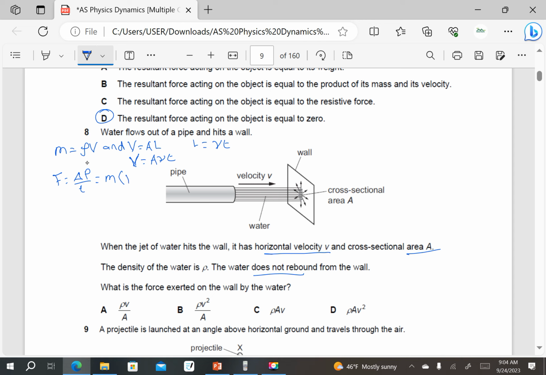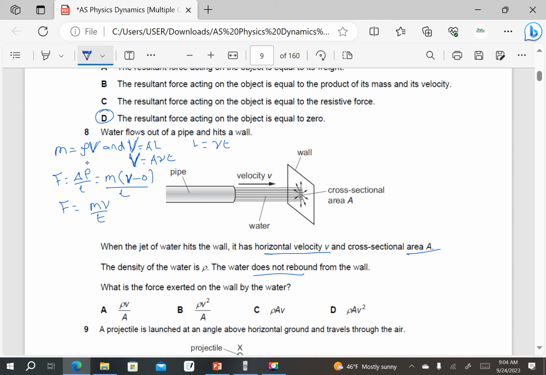So we shall say v for velocity minus 0. Remember, capital V is volume and small v is for velocity, which is horizontal velocity, minus the final velocity, which will be 0 because it does not rebound. Then we divide this by t. So it means force is equal to mv divided by t.